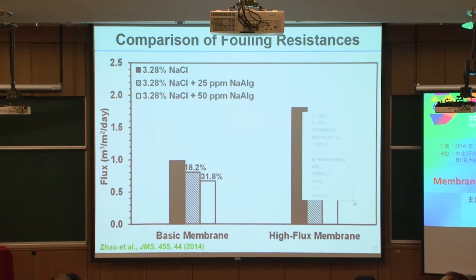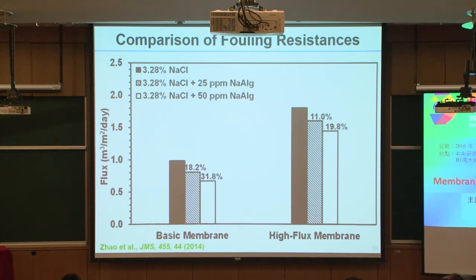In terms of fouling, now, okay, that means when we use a synthetic seawater that has 3.28% of sodium chloride, we obtain this flux for the basic membrane, and for the high flux membrane we have much higher flux.